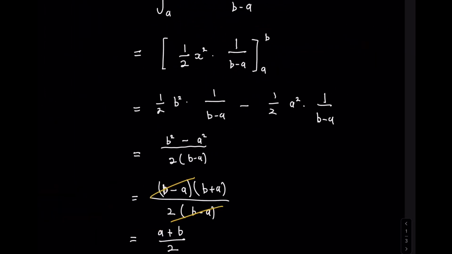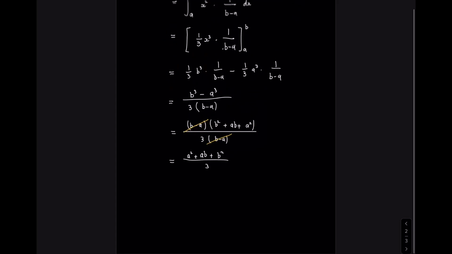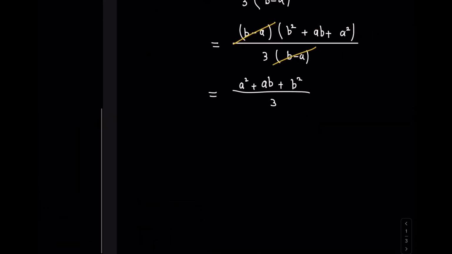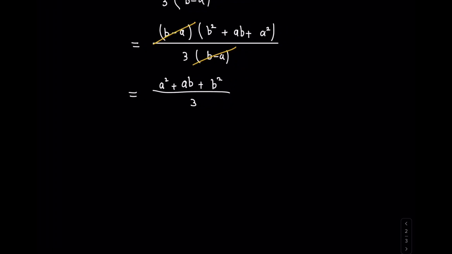Now, we're not done just yet because this was only the expected value of x squared. We're going to calculate the variance now, and the expression for the variance of x is equal to the expected value of x squared minus the expected value of x all squared.